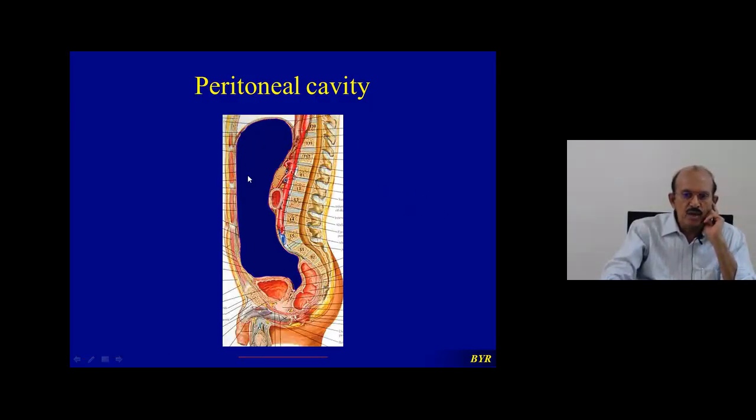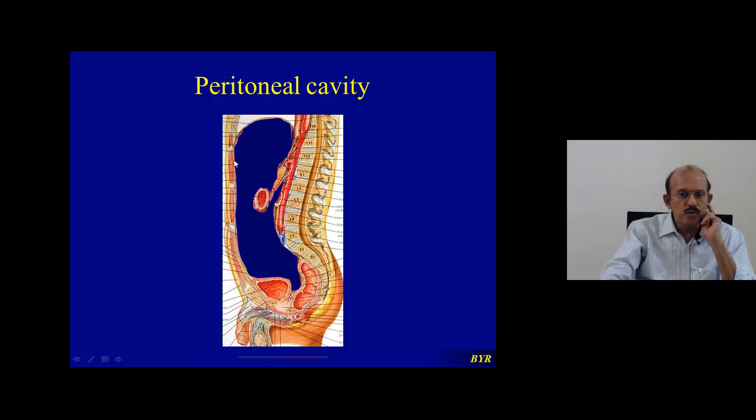This is lined by the peritoneal membrane. The bowels will protrude into the peritoneal cavity like this. Whenever they protrude like this, what is happening? The peritoneum covers the mesentery and covers the bowels and goes like this. So we have two parts of the peritoneum.